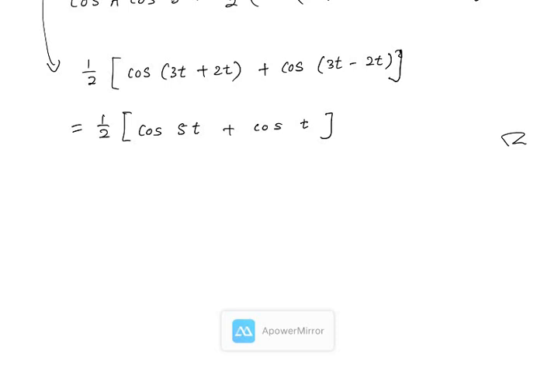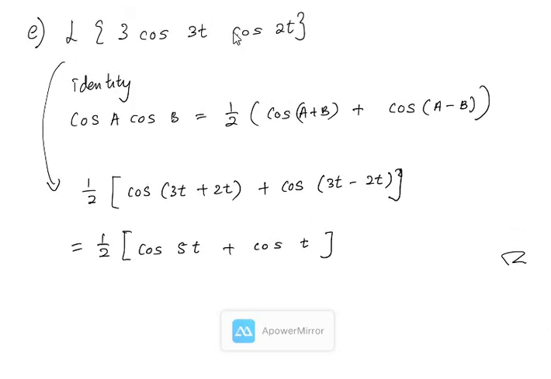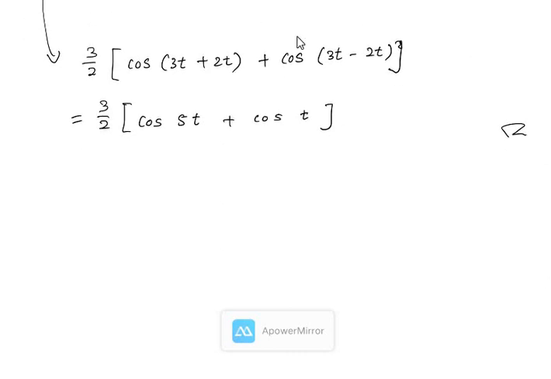So next, don't forget I will have the 3 cos, right? Just now the question is 3 cos 3t and cos 2t. So supposedly I will have the 3 here. Okay, so I change it. So I will have a 3 over 2. Then you multiply with the Laplace transform of cos 5t and the Laplace transform of cos t.